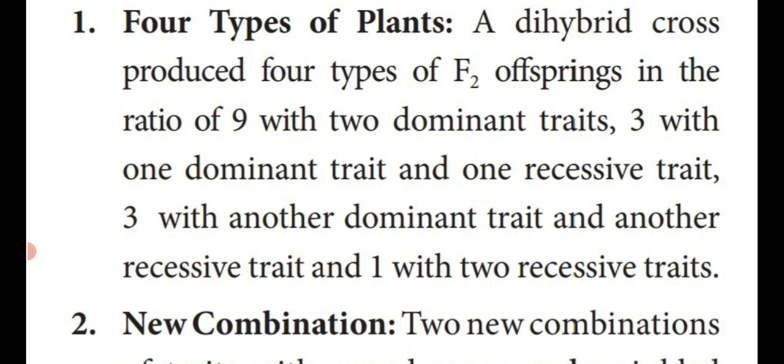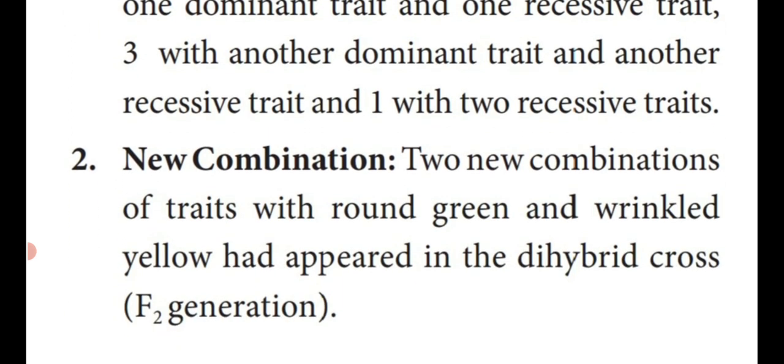Then another 3 is with the dominant trait and another recessive trait, and 1 with 2 recessive traits. So this is said to be the 4 types of plants which are produced in the F2 generation of the dihybrid cross.